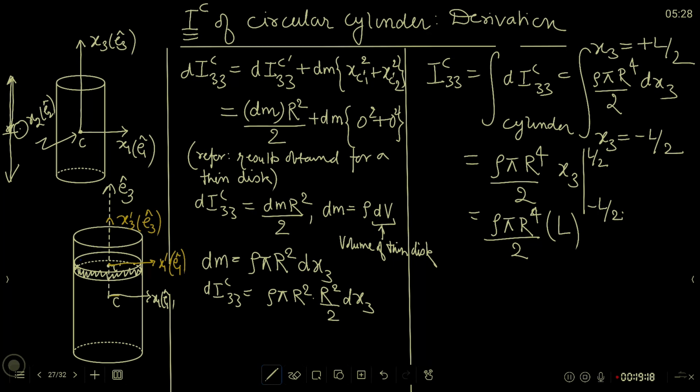But then we realize the total mass of the cylinder.